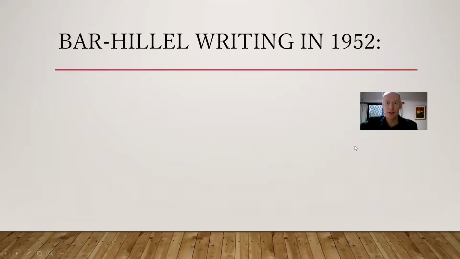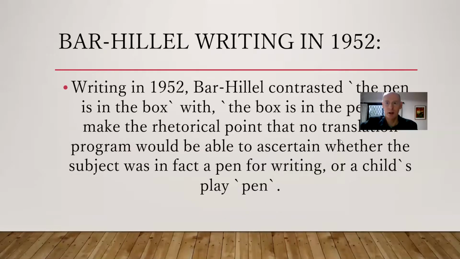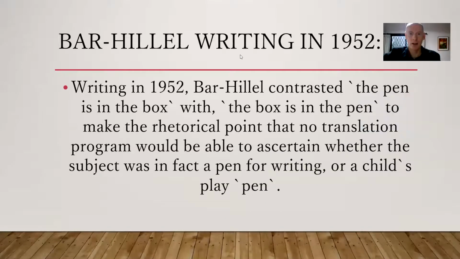So in order to make this point, I'm just going to show you something that Bar Hillel, writing in 1952, pointed out. So have a look at this. The pen is in the box, and we have the box is in the pen. So the point here, the rhetorical point, is that no translation program would be able to ascertain whether the subject was in fact a pen for writing or a child's playpen or a pig pen, for example.